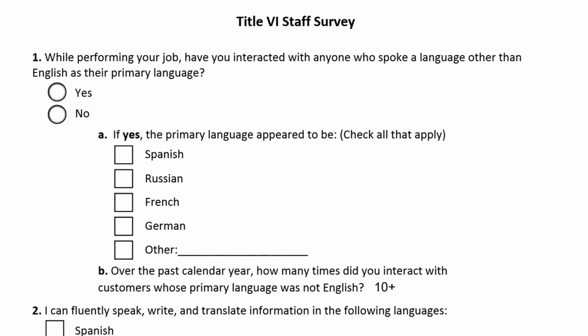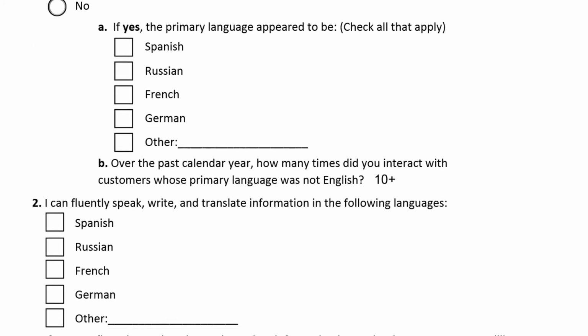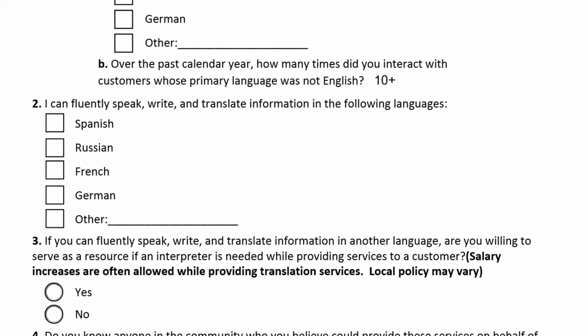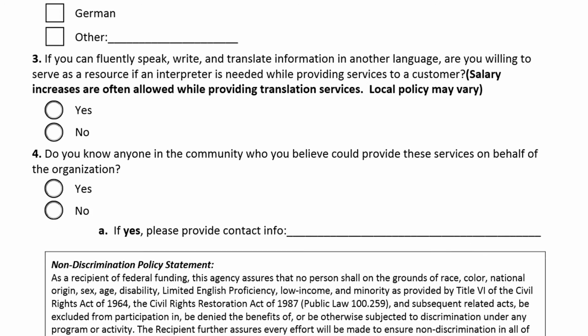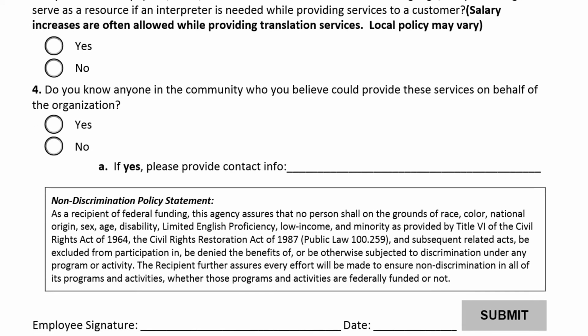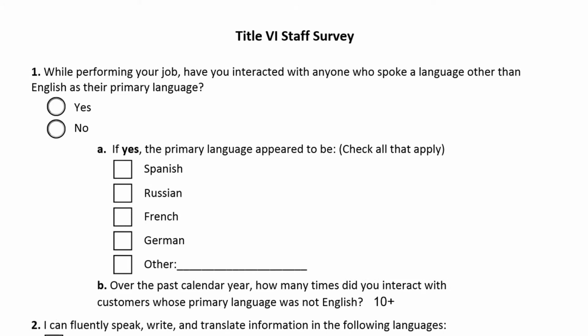First, it determines how often LEP customers come into contact with your agency's staff. Second, it identifies staff members and other resources who may be willing to provide translation services. And third, it raises awareness of your non-discrimination policy statement. This helps to meet your annual training obligation with your staff. Once you have administered the survey to your staff, you then know the frequency of contact.